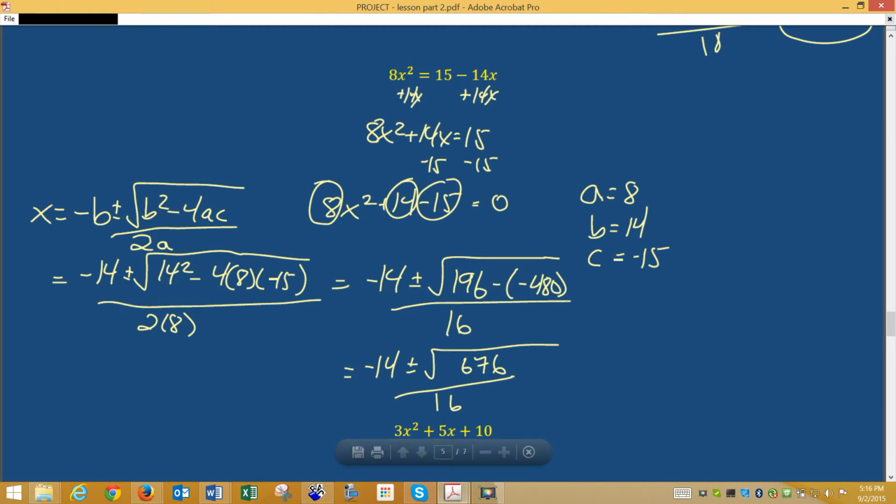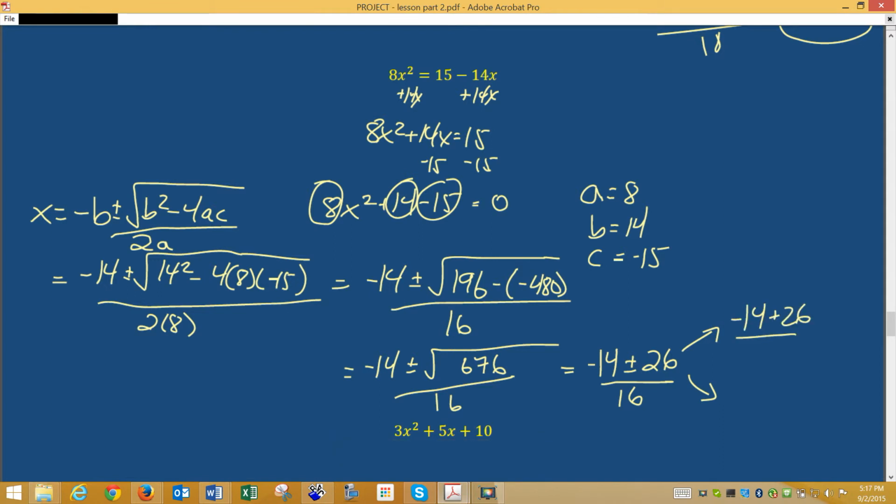Okay, the square root of 676, oh, is actually a whole number. It's 26. So plus or minus 26 over 16. And again, two answers because of that positive and negative. And so it's going to be negative 14 plus 26 over 16. And we're going to have negative 14 minus 26 over 16.